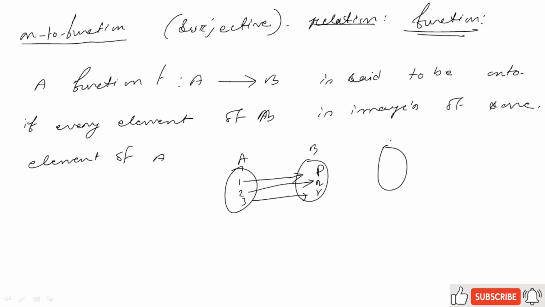Then suppose 1, 2, 3 and a, b. 1 is related to a, 2 is b, 3 is also b, then this is also an onto relation, because there is not a single element remaining. If there is any element remaining, let us take an element c, if c is remaining, then this does not become onto. So what have we understood? We have understood that each and every element of B needs to have pre-images in A.